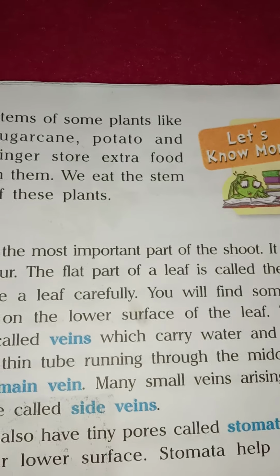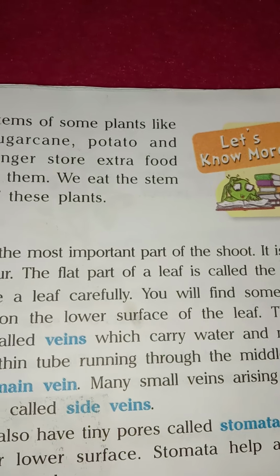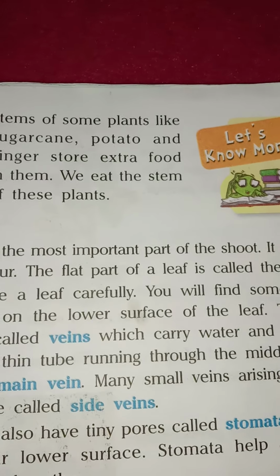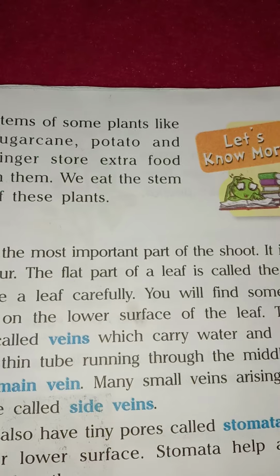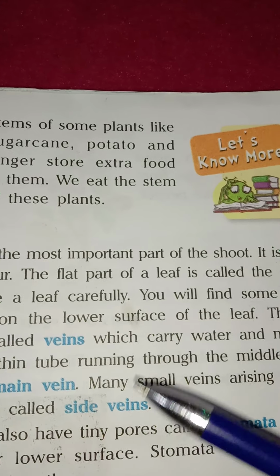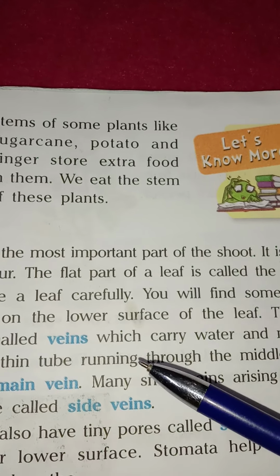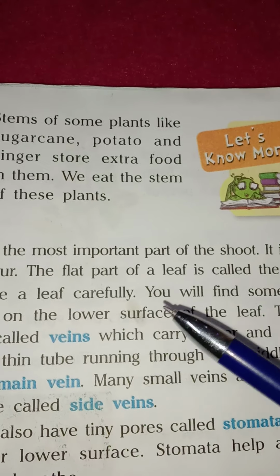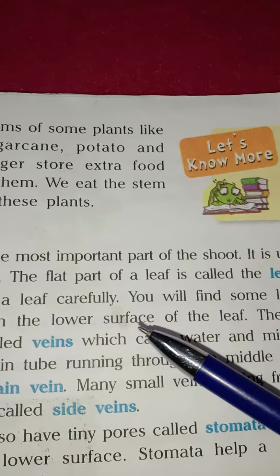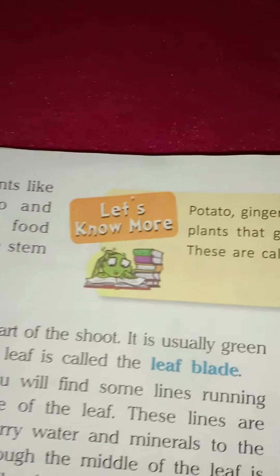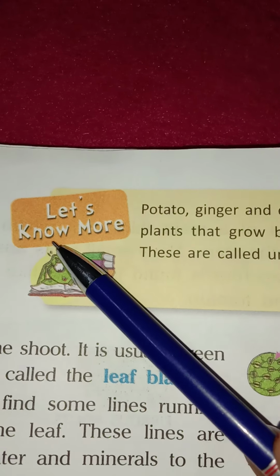So, student, some plants have stems inside the ground and their food is stored in the underground stem. We humans eat the stem of these plants as food. Okay, now clear students?